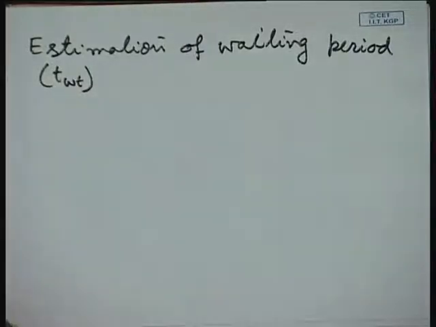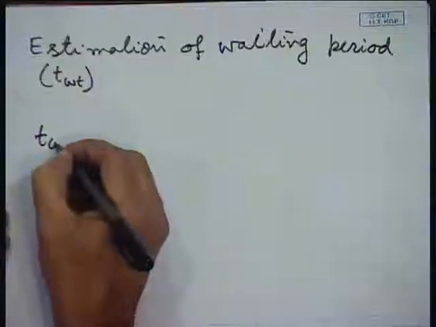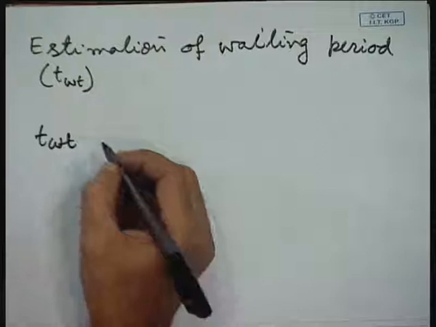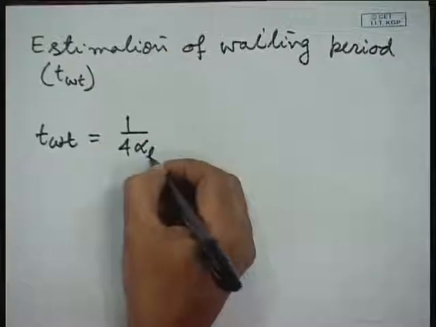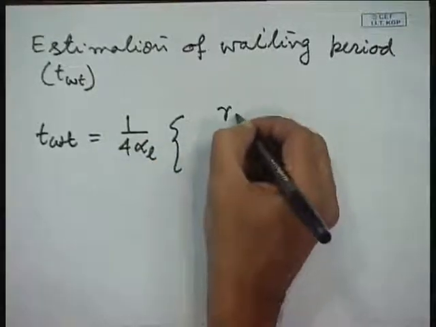So, you see two things are important here. For a particular cavity, that cavity radius RC is important, and also the equilibrium superheat temperature. Now, earlier whatever relationship we have got, taking a particular RC value, if we manipulate this equation, then we can find out the waiting time. So, waiting time we can write like this: t_WT is equal to 1 by 4 alpha L, RC.